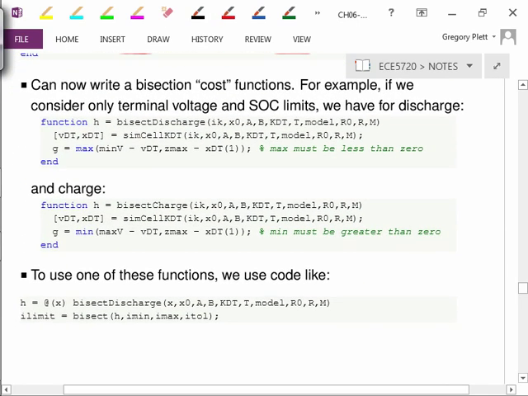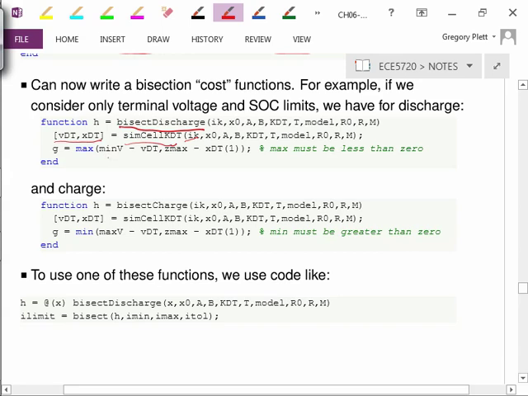Now I can use that as the basis for writing a cost function for the bisection algorithm. So if I'm bisecting on discharge, I will get the voltage and the state from simulating the cell with a discharge current, but then my bisection function is based on whether the voltage exceeds a voltage or the state of charge exceeds a state of charge.